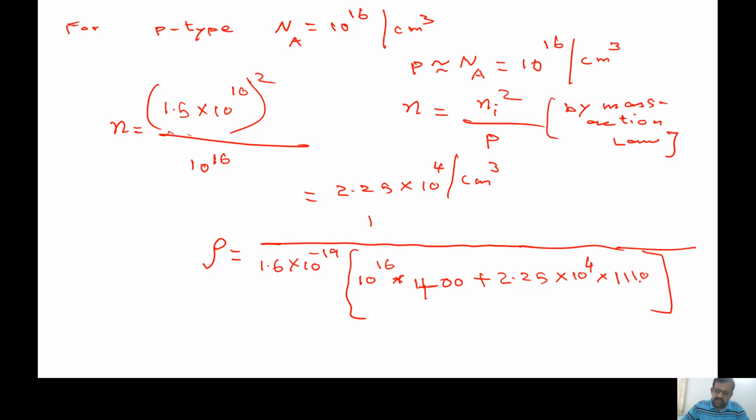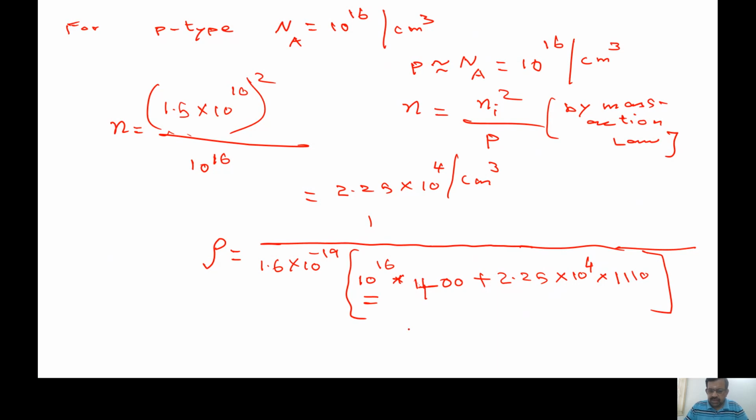Worst case, you assume this 1110 to be 1000, in which case it is 10 power 3, this is 10 power 7, whereas here we have a term 10 power 16. So definitely I can neglect this term, and the other term is going to be overwhelming compared to this term.